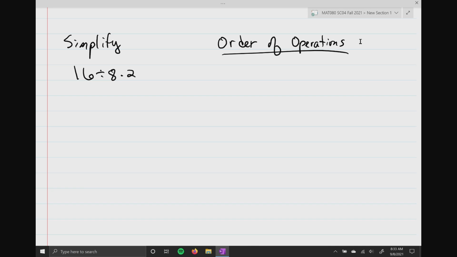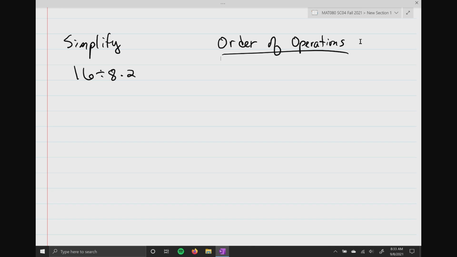Or the other one I really hate is please excuse who? My dear Aunt Sally. We don't excuse her. And here's what happens. When you remember PEMDAS and when you remember please excuse my dear Aunt Sally, and Kimberly nailed it, you think multiplication comes before division, and that is incorrect. Now, I'm looking at your book.